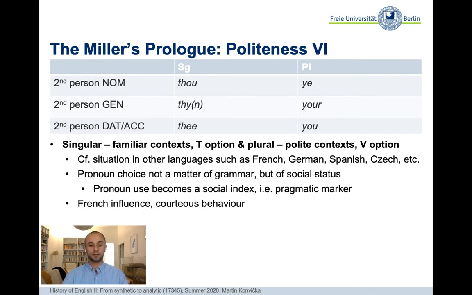So sometimes these two versions are also referred to as the T form, based on the French tu, and the V option, vous, for the polite form. And this is also something that you can see in other languages as well, French, for instance, but also Spanish, Czech.